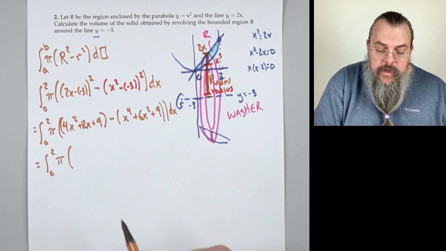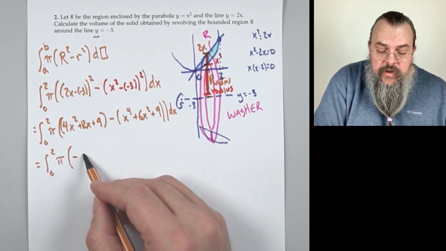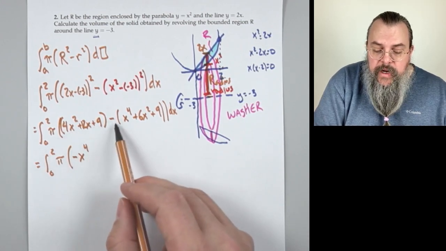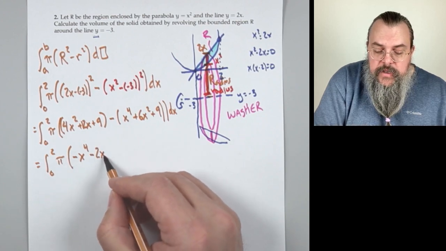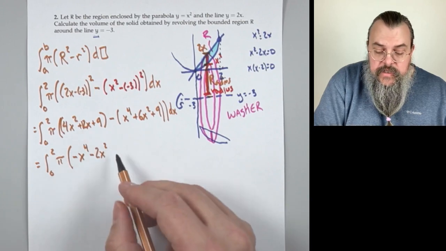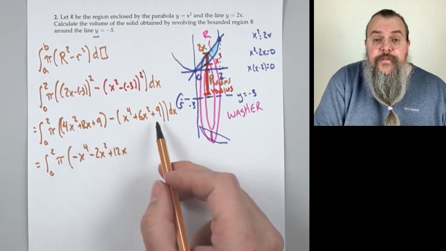We'll go highest power first. So we have a minus x to the fourth. We have a 4x squared minus 6x squared. That makes a minus 2x squared. Lots of negatives there. A plus 12x. And then the 9s actually cancel.